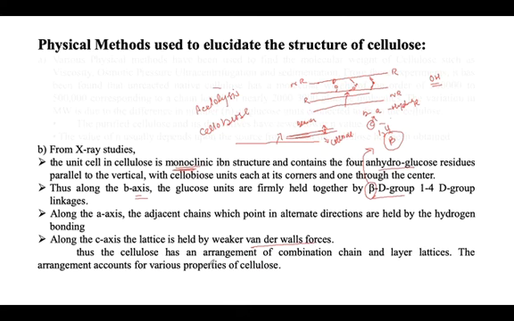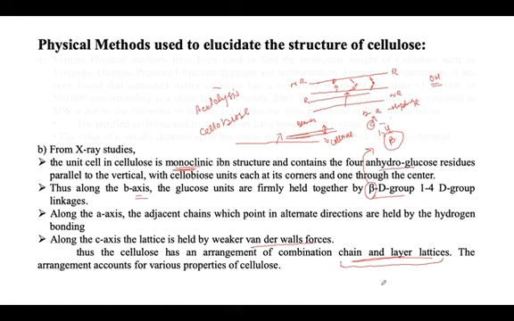Thus we can say that cellulose has a combination of chain and layer lattice arrangement, because there are three chains in three lattices, connected with each other along the three axes through hydrogen bonding or van der Waals forces. So the overall structure is a three-dimensional chain and layer lattice.